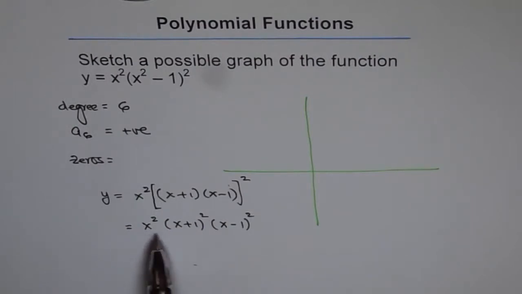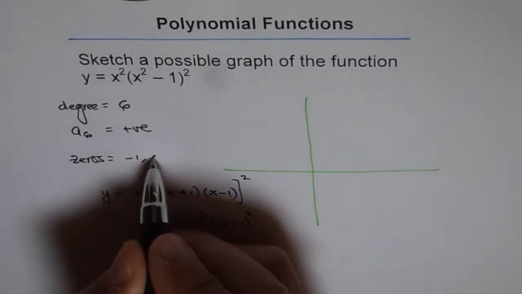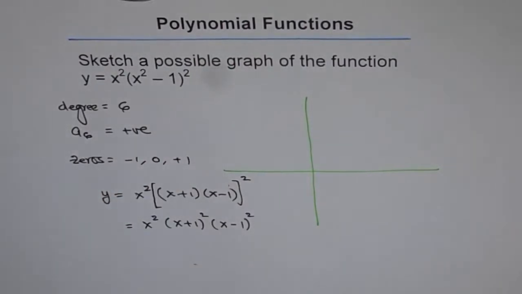Now from here you can write the zeros. The zeros are at x equals 0, x equals minus 1, and x equals plus 1. So these are our zeros. Now from all this, we can actually sketch our graph. The degree is 6 and the leading coefficient is positive.